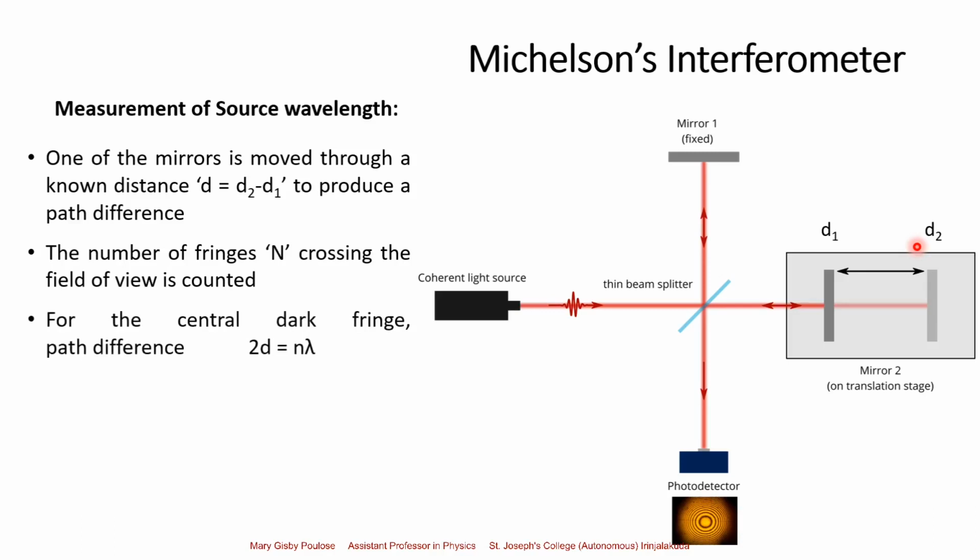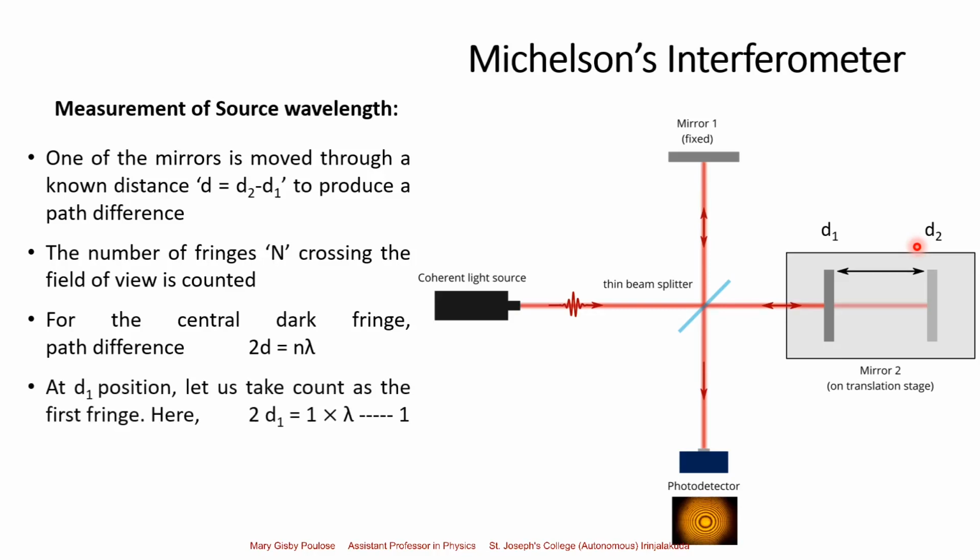Now we have the condition for the path difference at the central dark fringe: path difference 2d is equal to an integral multiple of lambda, that is, 2d is equal to n lambda. Here at the d1 position, let us take the count of the fringe as 1. So we get 2d1 is equal to 1 lambda.